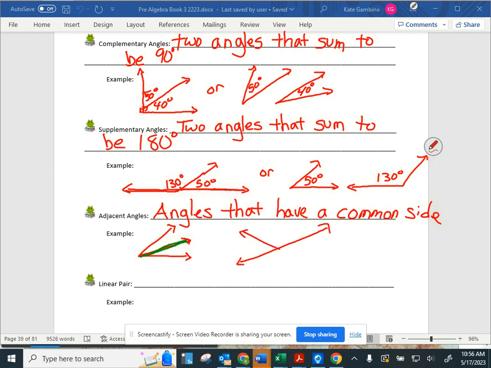These would be adjacent because they share a common side. So adjacent angles are angles that share that common side. There's no one specific way it's supposed to look. Those angles can be different sizes. They are adjacent if they share a common side. Adjacent means it's right next to.